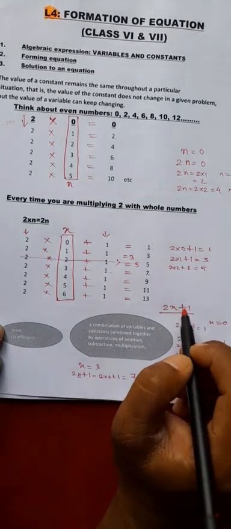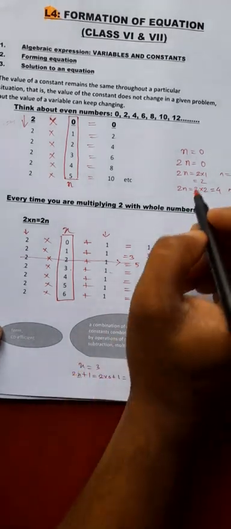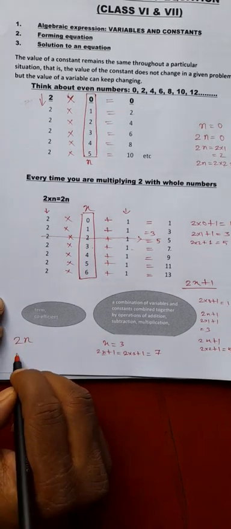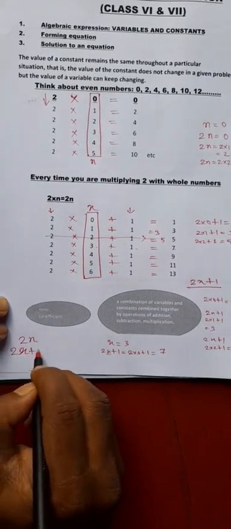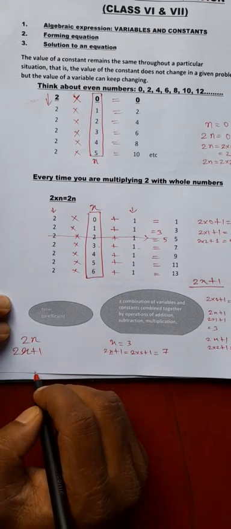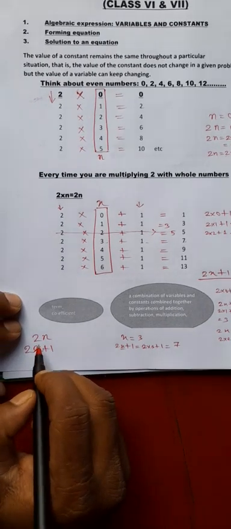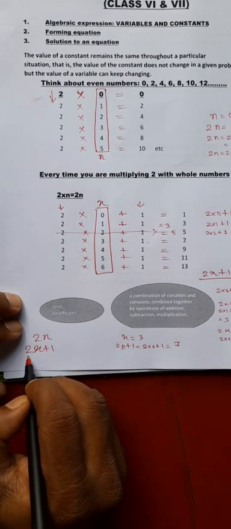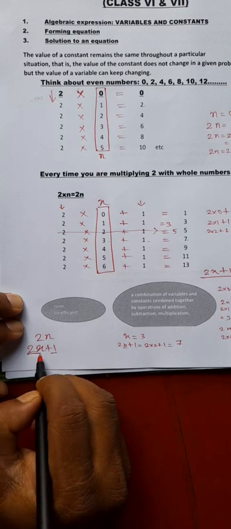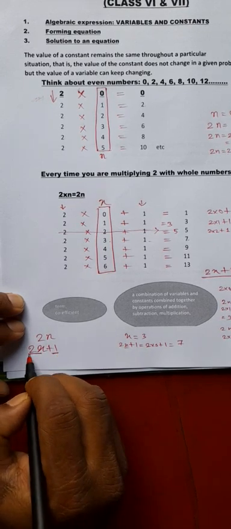Now this type of expression, twice n or twice x plus 1, these are called algebraic expressions, and every part of the algebraic expression we call a term.